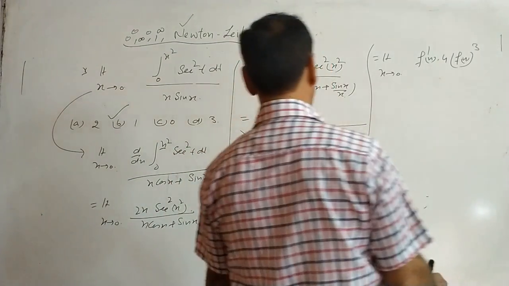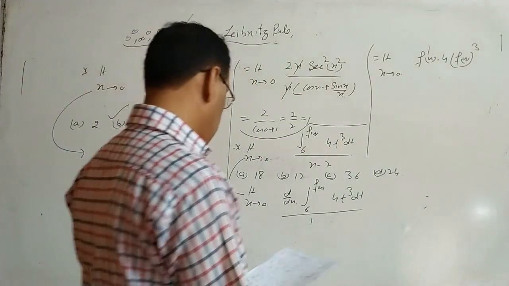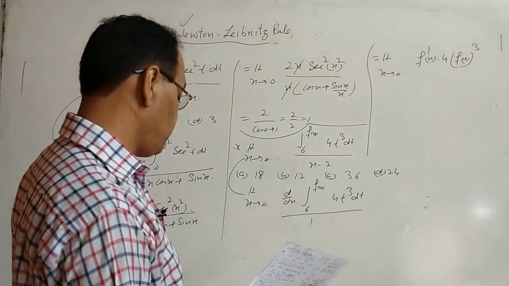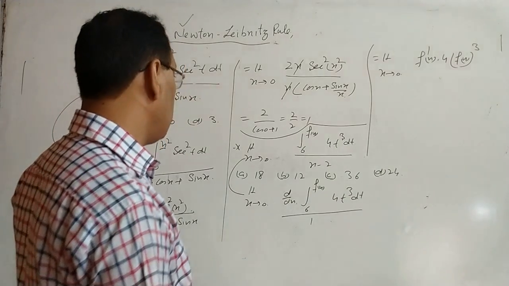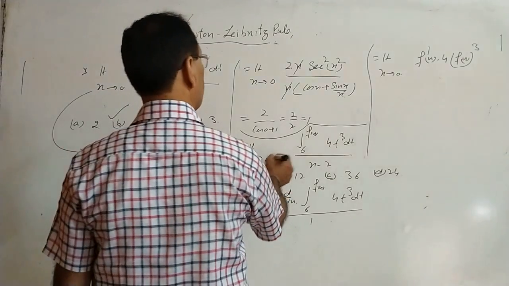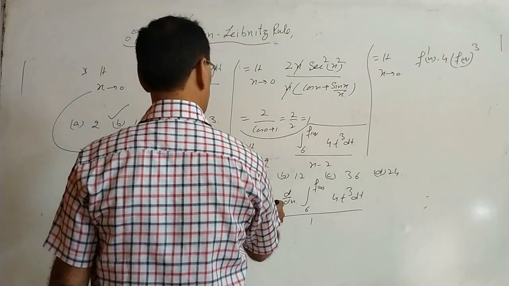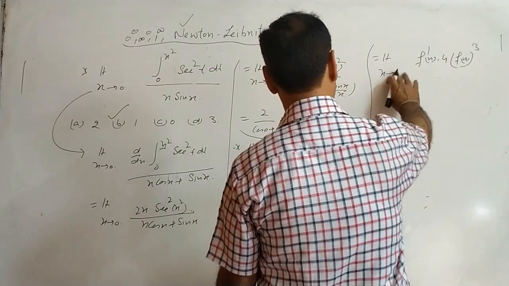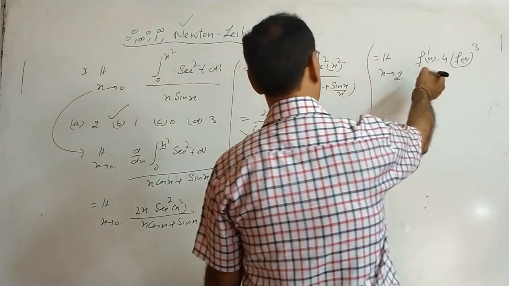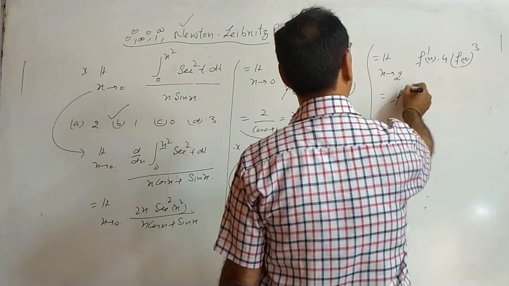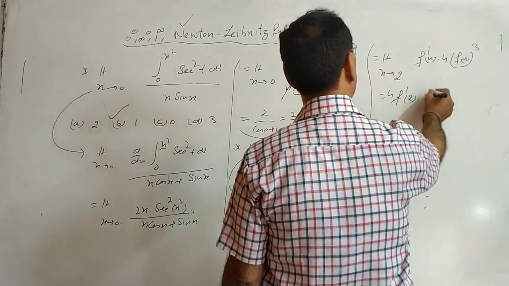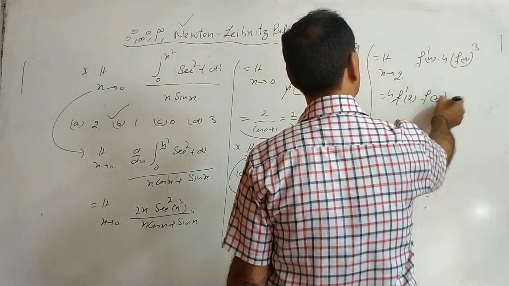When we take the limit of this, I think the limit was x approaches to 2, not 0. Here it was x approaches to 2. When we take the limit, now it is given as f dash 2 times 4 times f of 2, then its cube also.